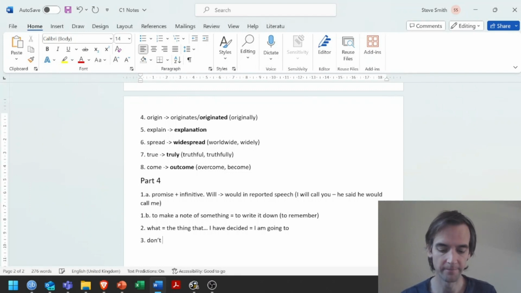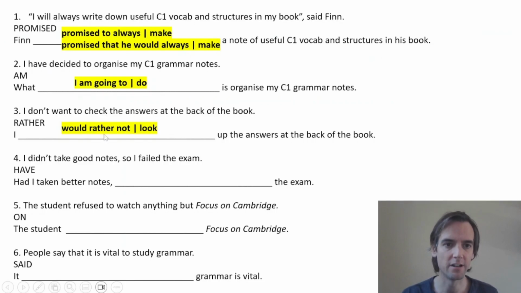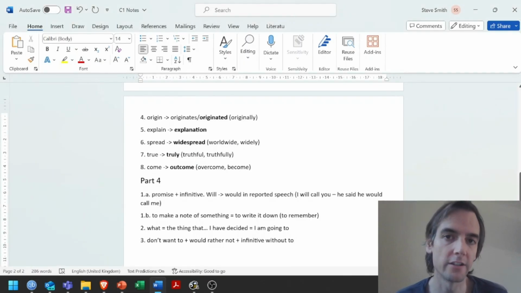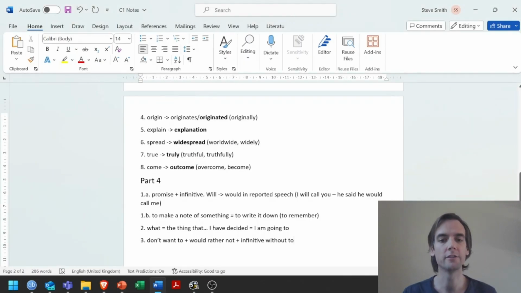So what have we learned? Don't want to equals would rather not do something. And again, we're making a careful note that this is with the infinitive without to. This is why it's rather not look, not rather not to or something else. Rather not looking, no, infinitive without to. Like many modal verbs, like should, could, it's the infinitive without to.